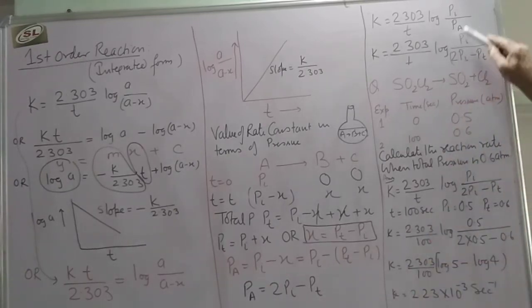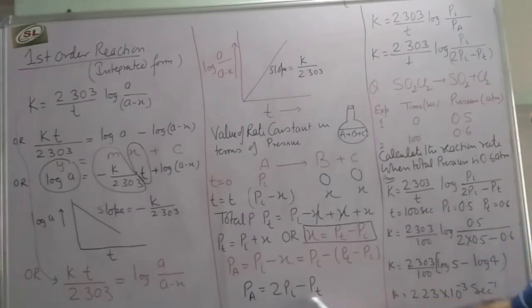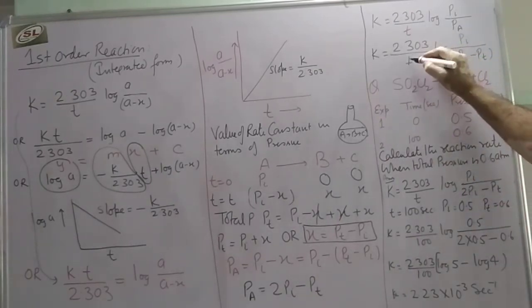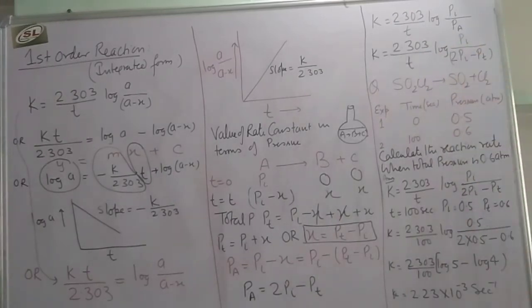So this is the initial pressure and PA is the partial pressure at time t. So it will be 2.303/t log Pi/(2Pi − Pt). On the basis of this equation, we can do one numerical.